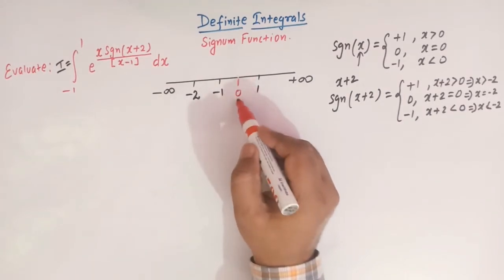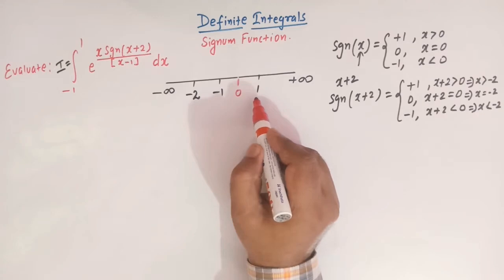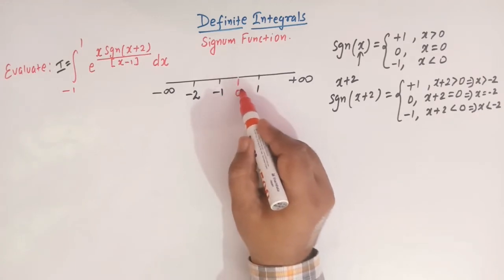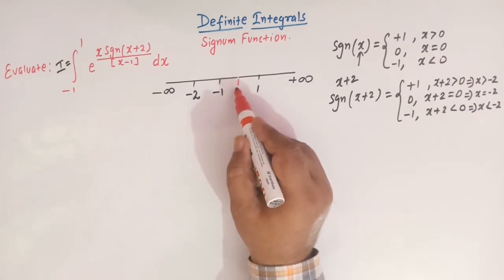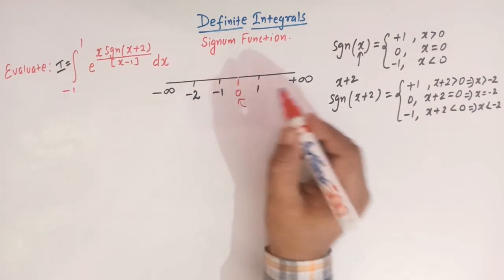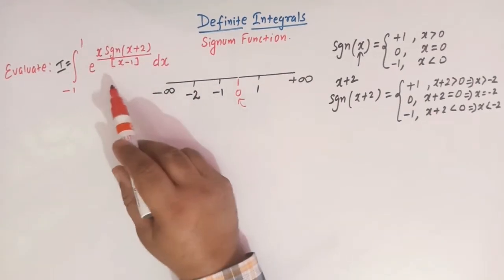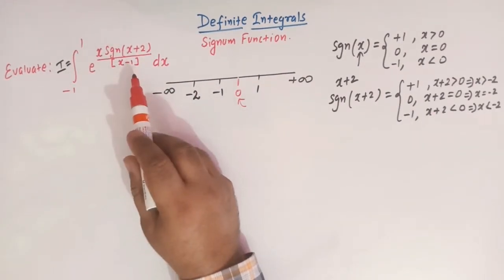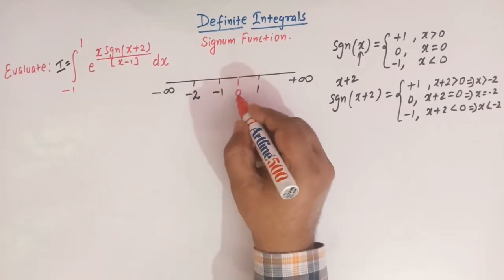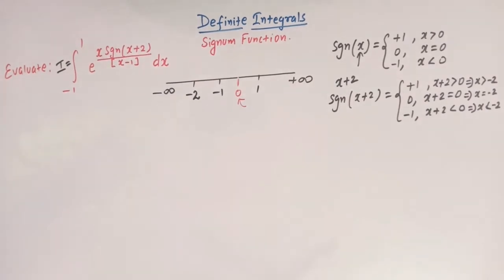So we'll also represent 0 between -1 and 1, and in our later steps we'll see that this 0 is the breaking point. Breaking point means the integral can be written as a sum of two integrals I1 and I2, right? So at x equal to 0 we'll break this integral I.